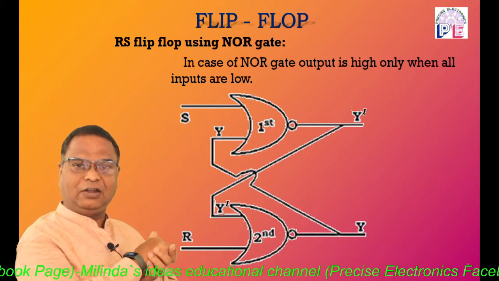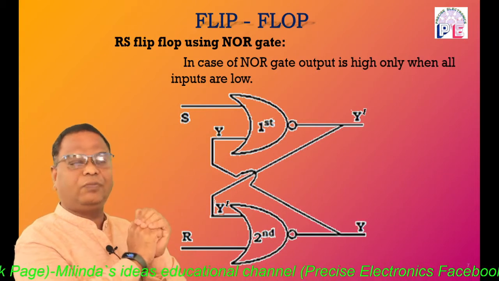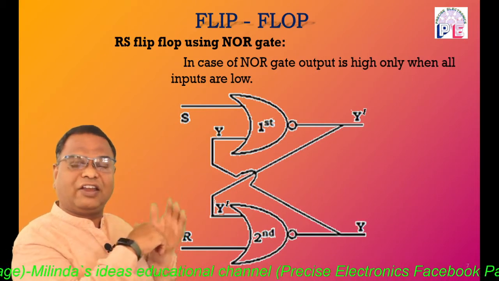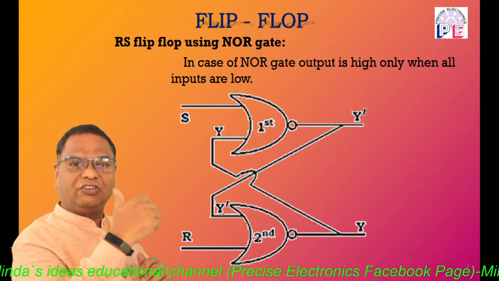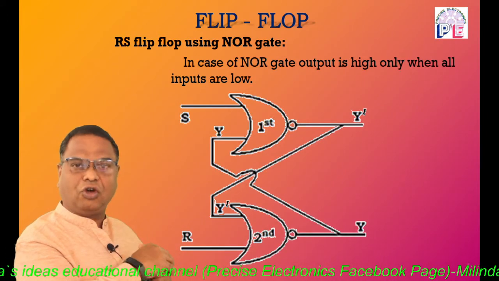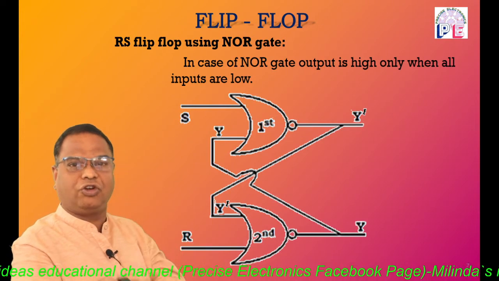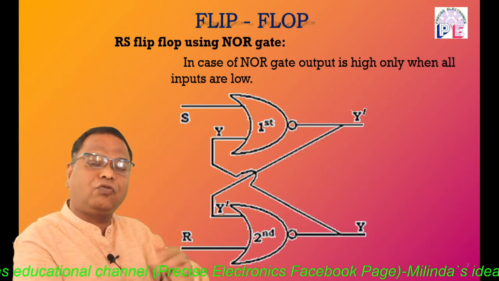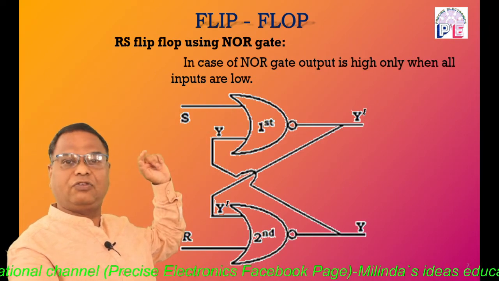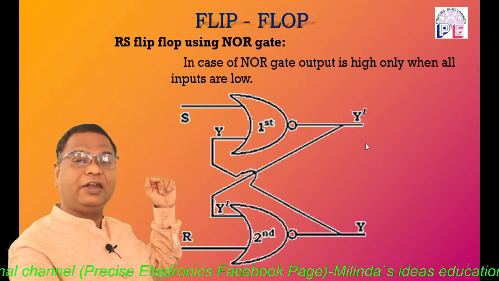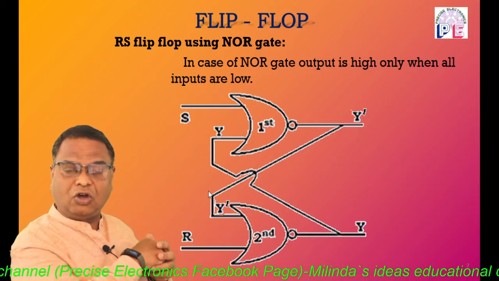Similar to the NAND gate RS flip-flop, in the case of the NOR gate RS flip-flop, the set and reset inputs are the trigger inputs applied to each NOR gate, and the output of each NOR gate is connected as a second input for the next gate. That means the output of the first NOR gate, that is Y complement, is connected to the second input of the second NOR gate.